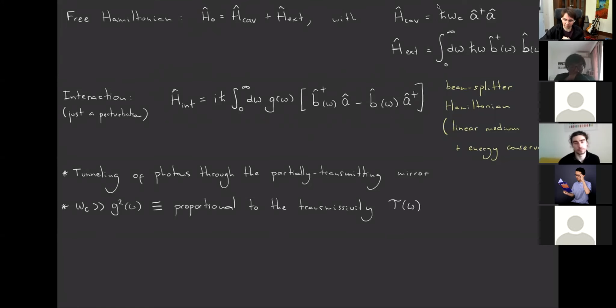And of course, we are assuming that this is very small. I mean, the cavity is open, the transmissivity of the mirror is not zero, so the reflectivity of the mirror is not perfect, but it's still a pretty good mirror.